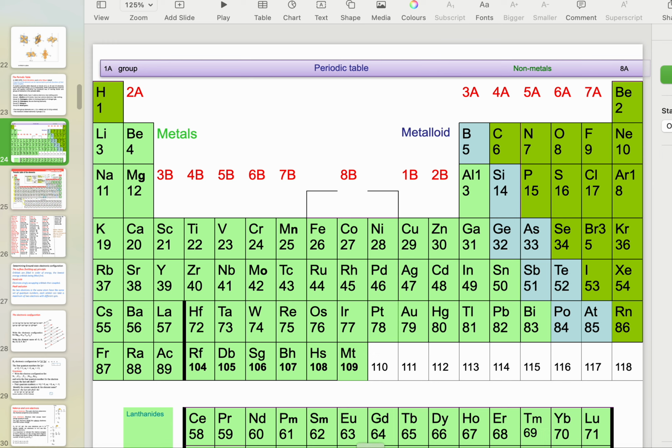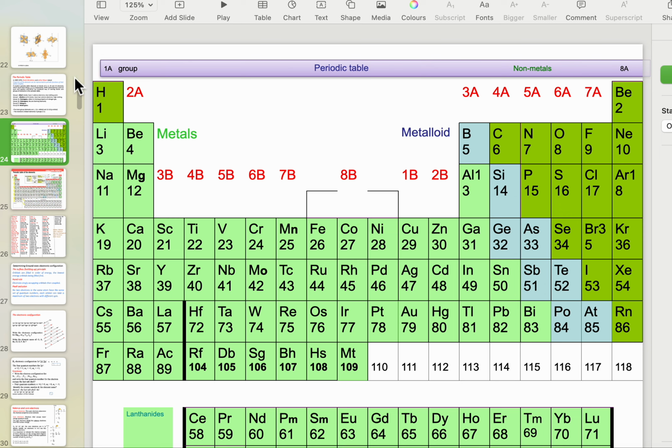As you see here, the periodic table in colors. I put colors to separate the groups of elements which possess similar general chemical and physical properties.